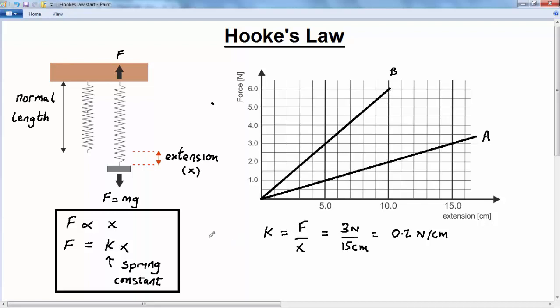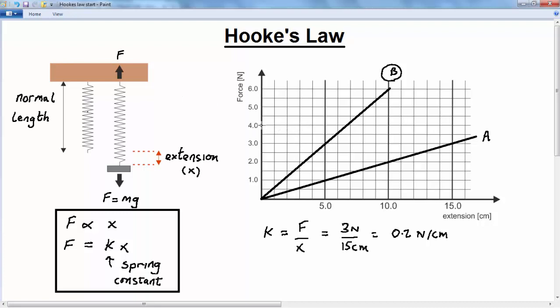Typically in exam questions, you're often given a set of data which you have to plot, and you find out that the spring you're looking at obeys Hooke's law, and you may be asked, for example, to calculate the extension when a force of such and such is applied. So you might be asked, what is the extension produced in spring B, that's this spring here, when a force of 4 newtons is applied to that spring.